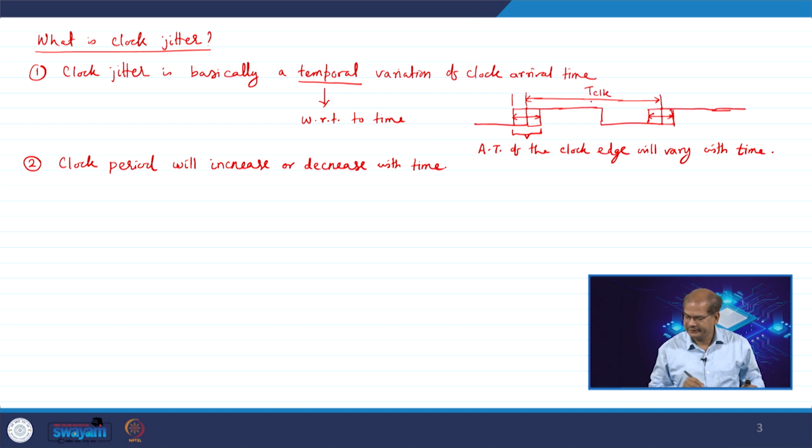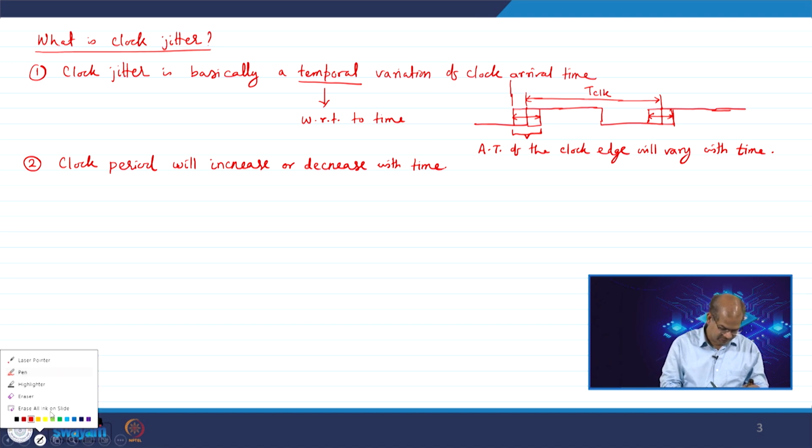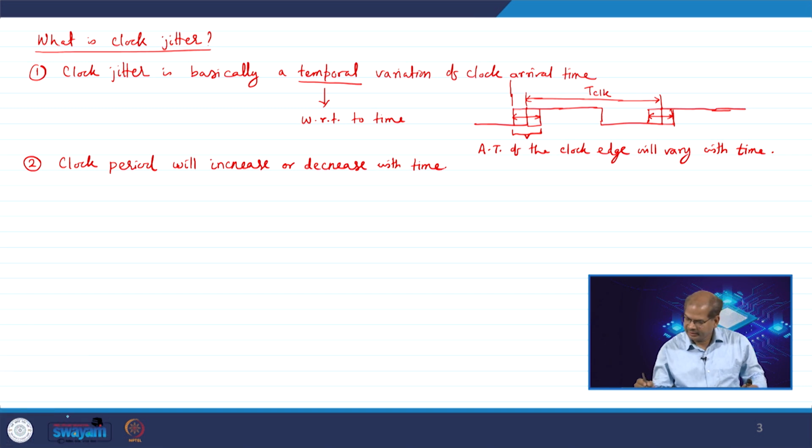Ideally the time period is this one, but with jitter, if I take a different color, it can change to T clock plus 2 T jitter.